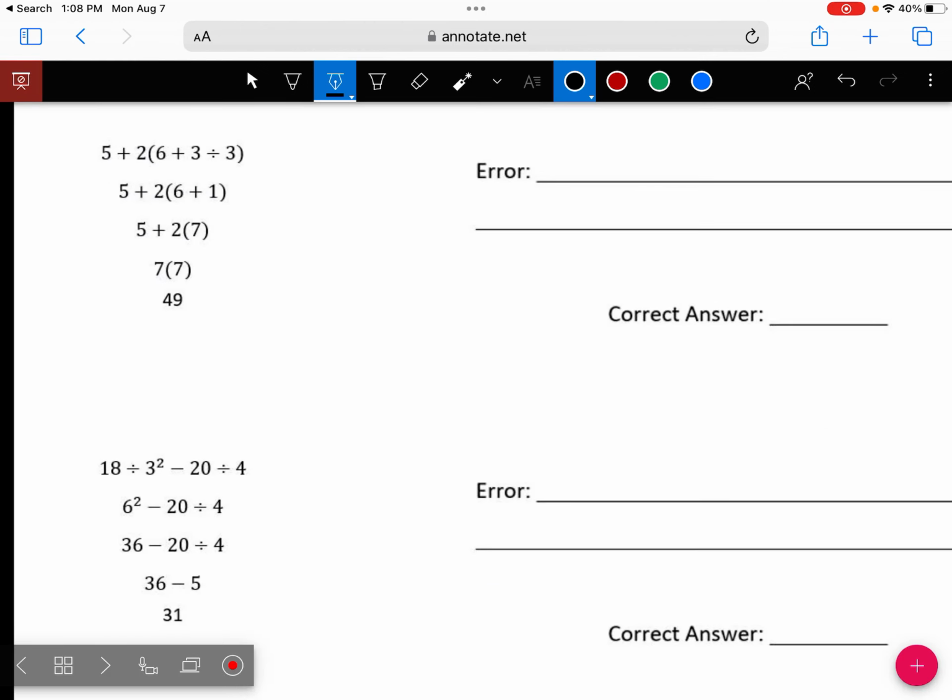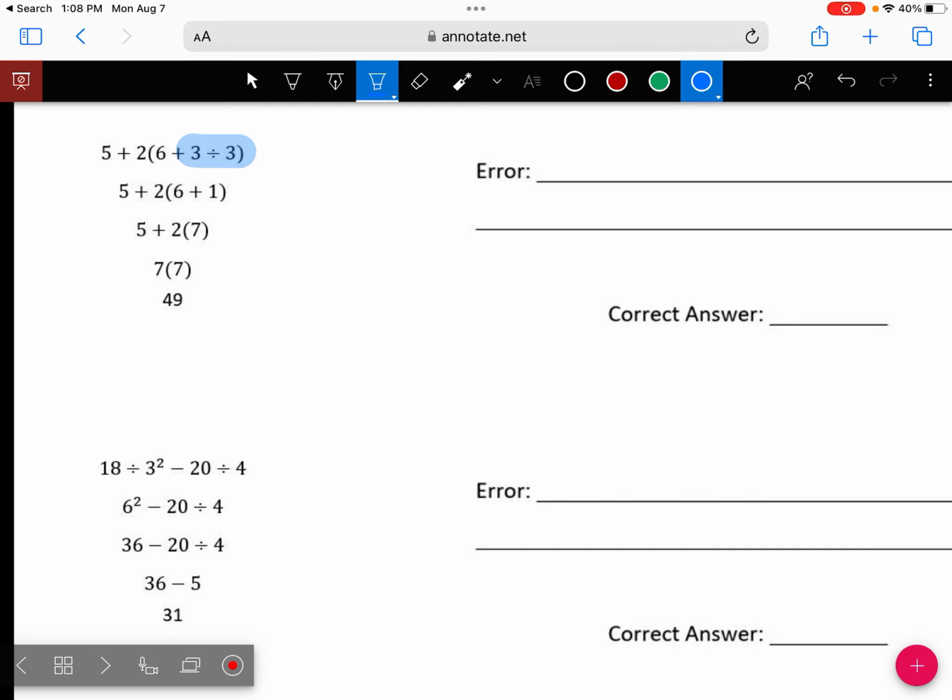All right, so what is the error? So let's see, inside of the parentheses, it looks like they started with the parentheses, which is right. So they divided 3 divided by 3, and they got 1. So I agree with that. And then they added 6 plus 1 and got 7.